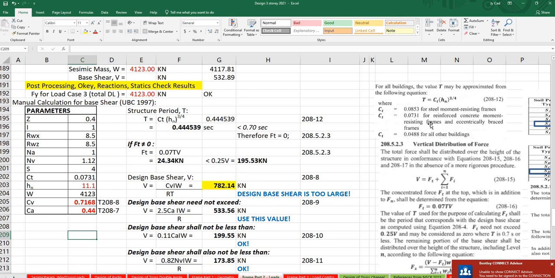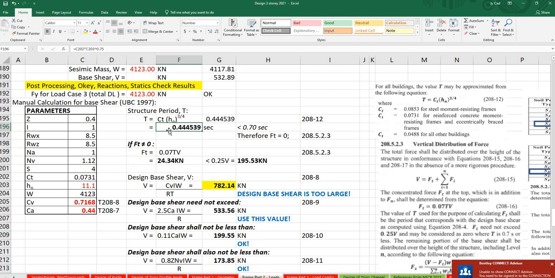And then, HN, that is the height of the structure. Yan yung pinakamataas na node sa STAAD or from the top of footing or from the support. So, in this demo, CT is equal to 0.0731 since the structure is concrete and HN is 11.1.